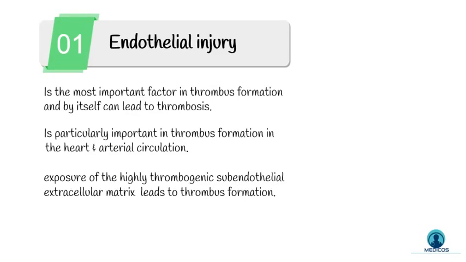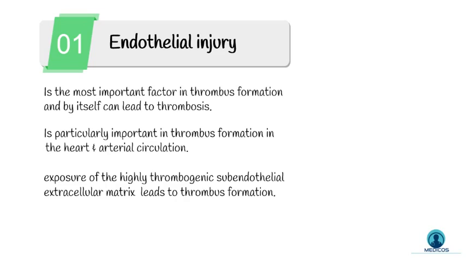When it comes to the first factor, endothelial injury, it's the most important factor in thrombus formation, and by itself it can also lead to thrombosis. Endothelial injury is particularly important in thrombus formation in the heart and arterial circulation. For example, injury over ulcerated plaque in severely atherosclerotic arteries, or hemodynamic stresses like severe hypertension and turbulence of blood flow over scarred vessels, directly damage the endothelium.